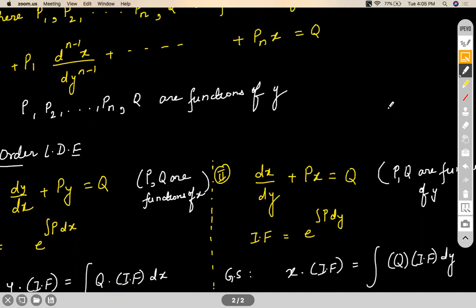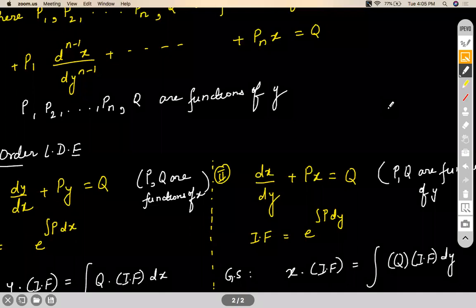So today our primary goal would be to talk about four things. One, reducible to linear differential equation with special focus on Bernoulli's form. Second, we'll talk about exact differential equations, reducible to exact differential equations, which is also called solving of differential equations by inspection.